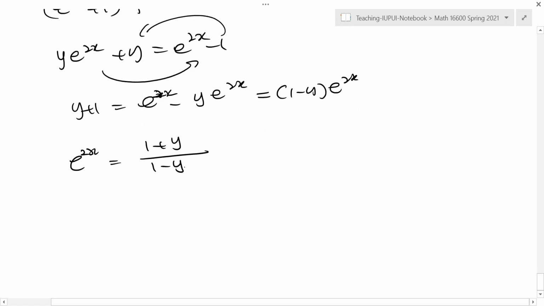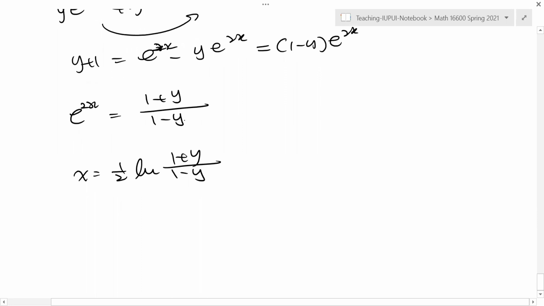And in order to get x, I just solve for x. Okay, this is the formula for the inverse of the hyperbolic tangent.